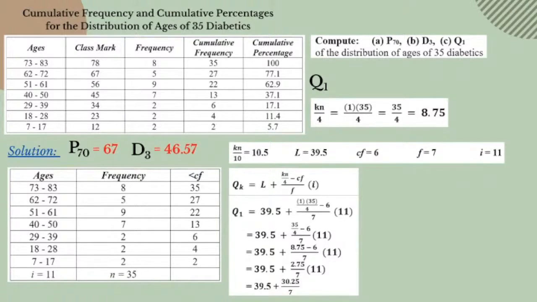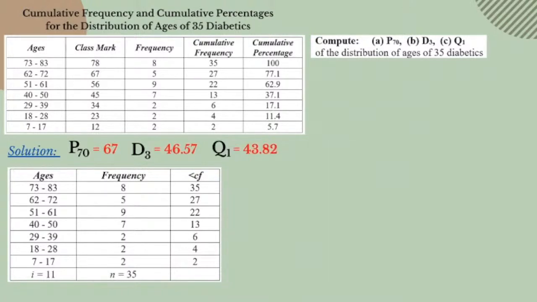Next, 39.5 plus 30.25 all over 7. 39.5 plus 4.32, that will give you an answer of 43.82. Therefore, Q sub 1 is equal to 43.82.